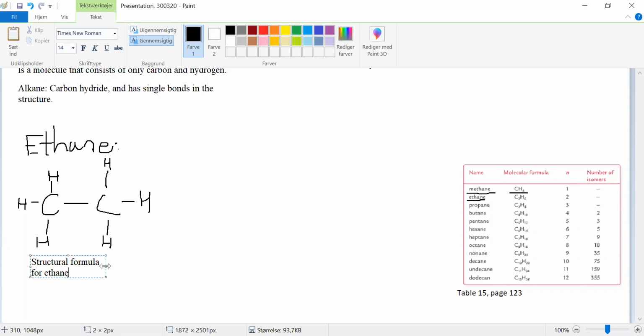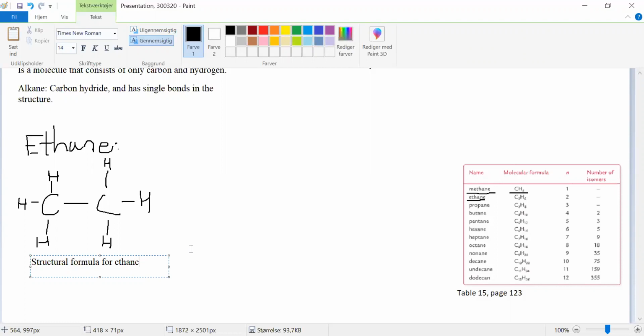So you're going to draw a lot of structural formulas while we're working with organic chemistry. So I suggest that you have a lot of paper that you can draw them on, because it's not very easy to do this in Paint. And if you have to upload any questions, you can just take a picture of it and then upload it in a document somehow.